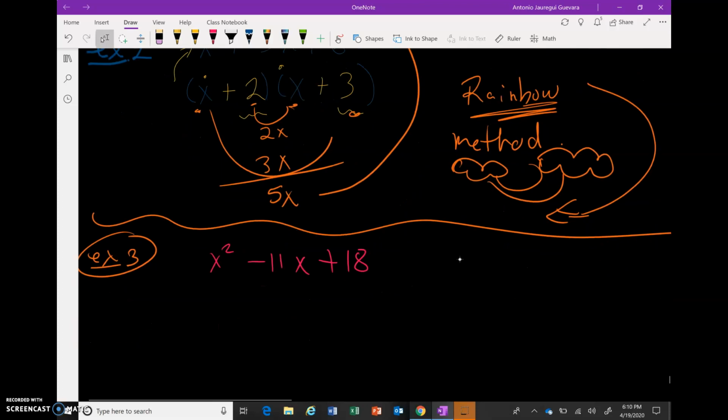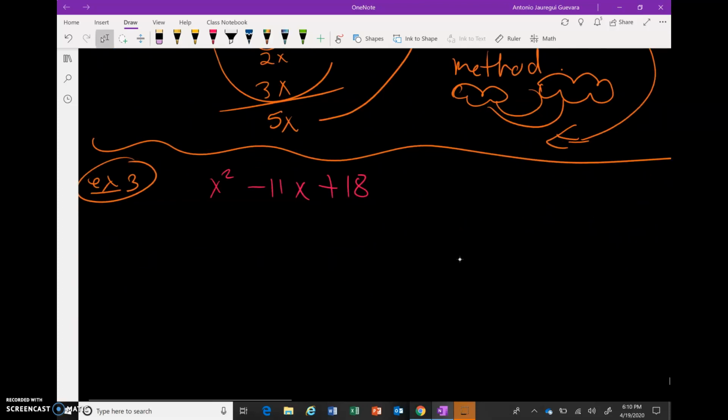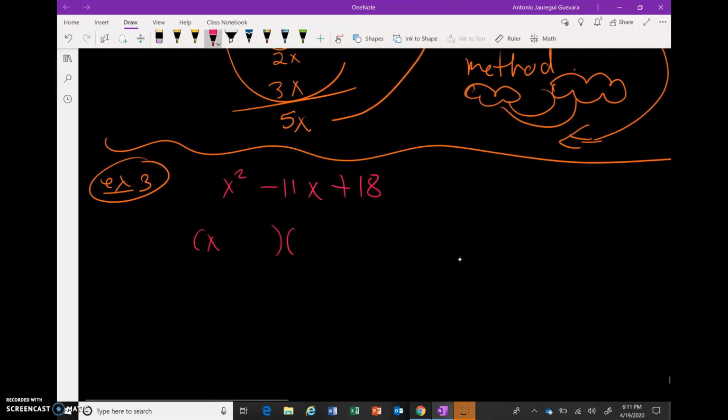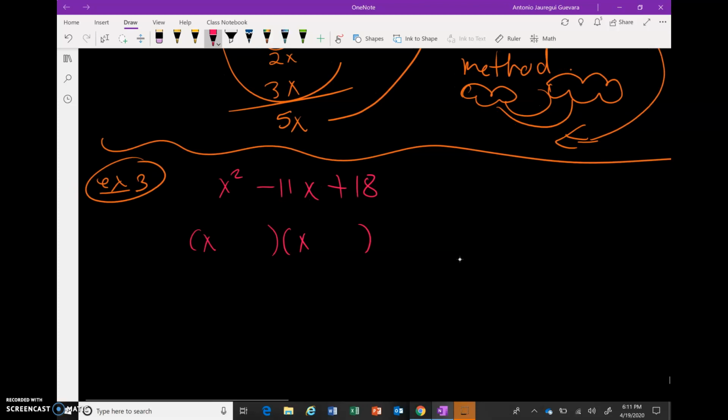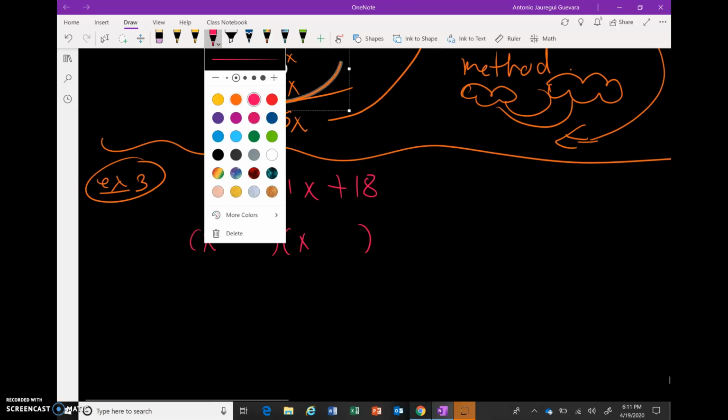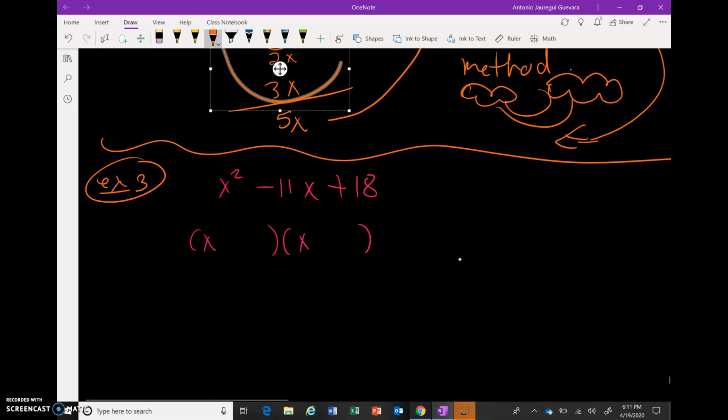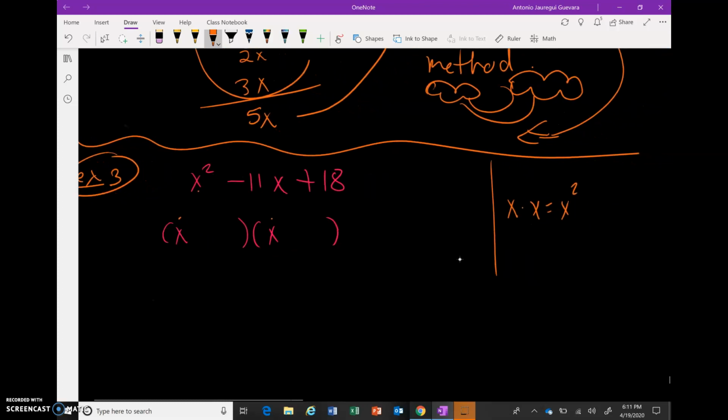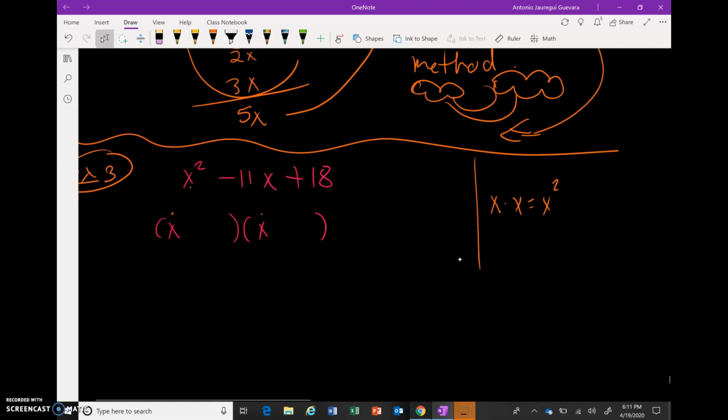Again, this is a trinomial and I want to get a binomial. The first thing we do is x times x, which will give me x squared, so that checks. Then, what two numbers multiplied together give me 18?